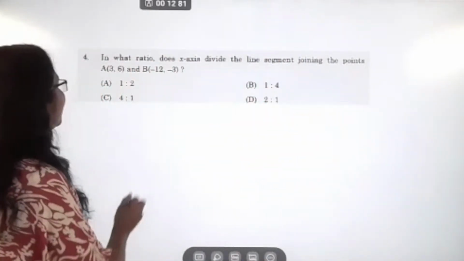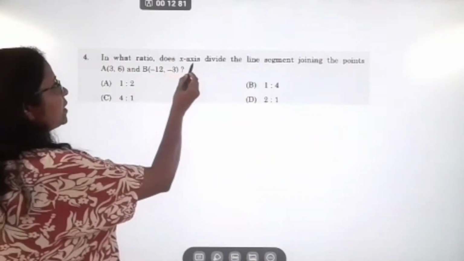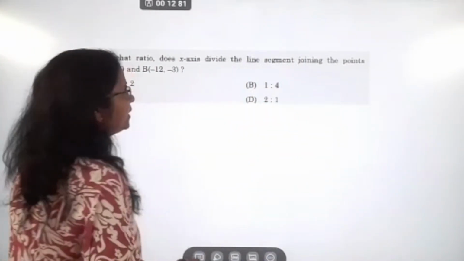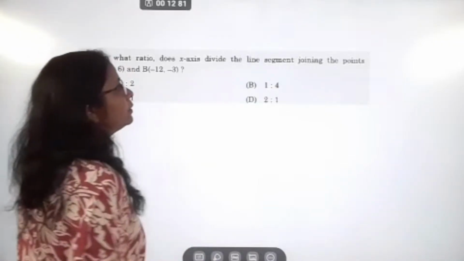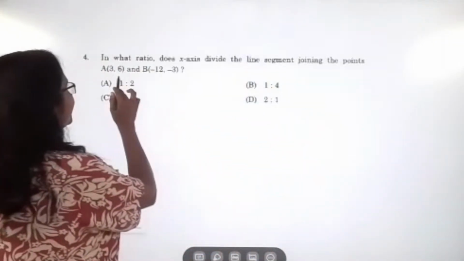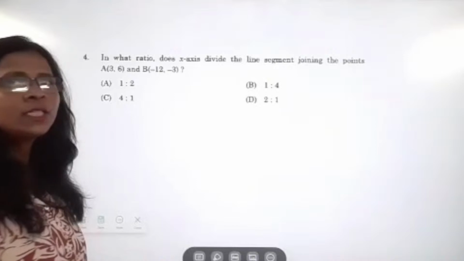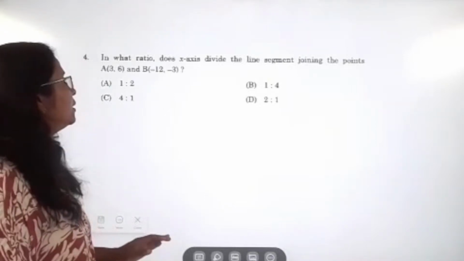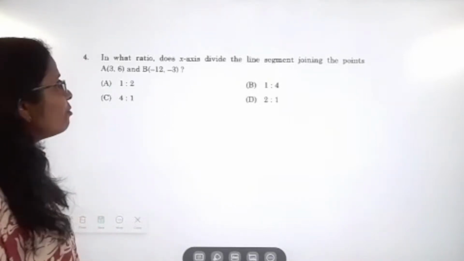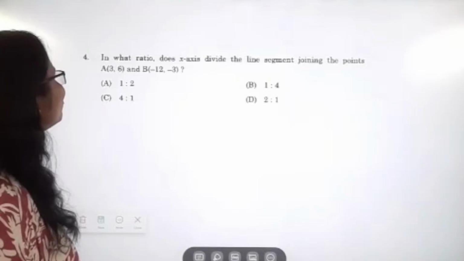Now see the next example, students. Fourth example: in what ratio does the x-axis divide the line segment joining the points A(3, 6) and B(-12, -3)? Okay, so now here, students, in what ratio?